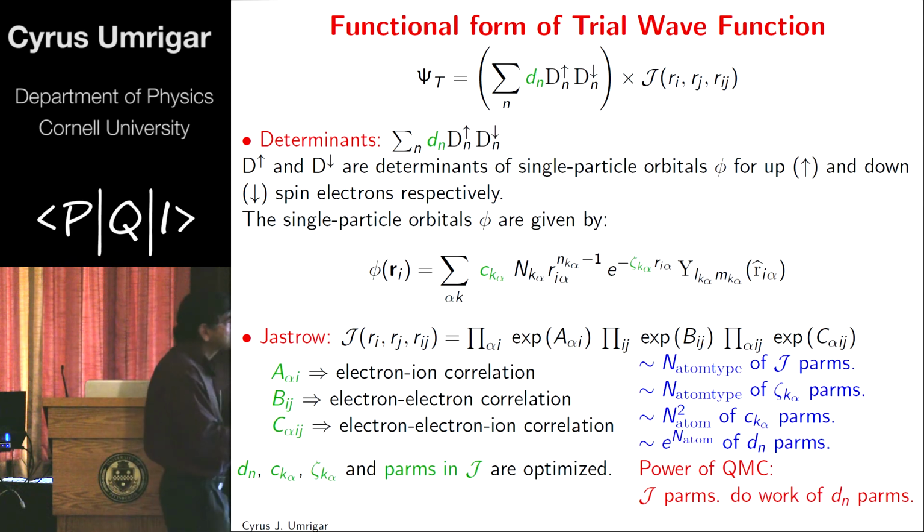And finally, you have a Jastrow factor. The Jastrow factor is what puts in correlation between the electrons in a very direct way. It keeps the electrons away from each other.